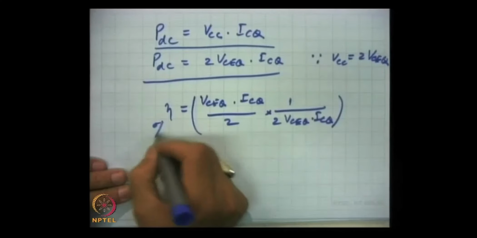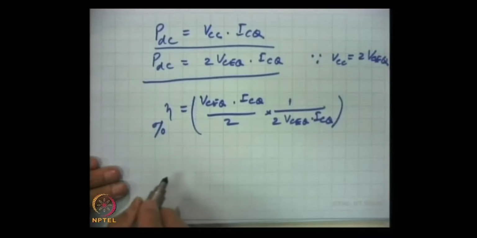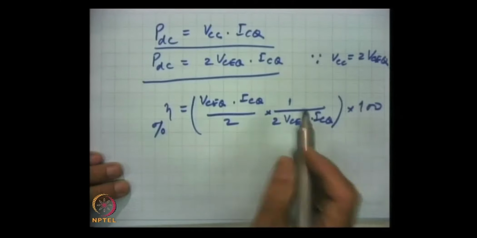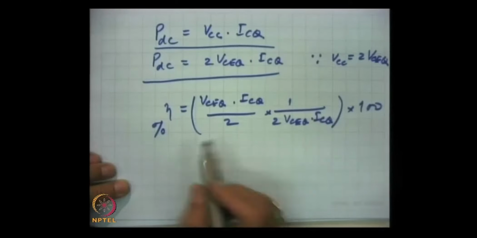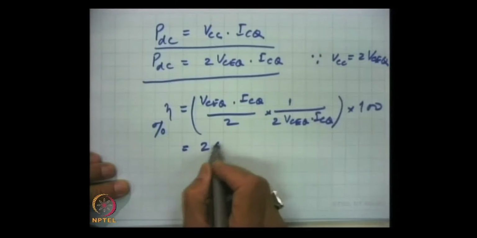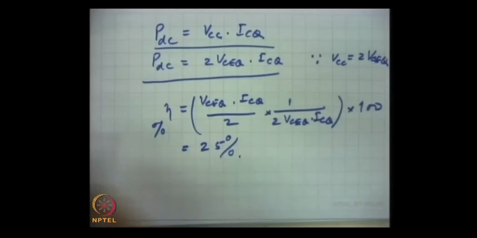When we express it in percent, we multiply by 100. So this cancels, and this is 100 by 4, so 25%. Conversion efficiency in class A operation, RC coupled.